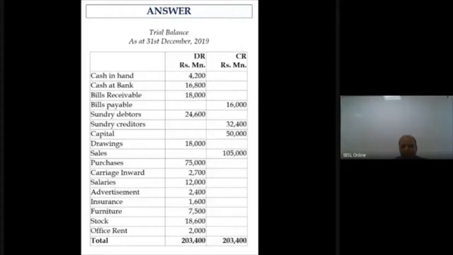And those who have done already can check their answers. It's 203,400. The total should be 203,400 on both sides. So I hope those who have done should have that balance. Any questions?